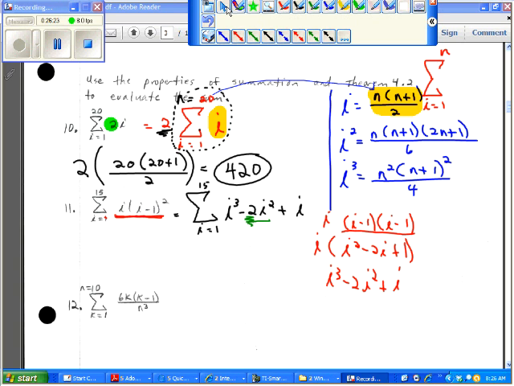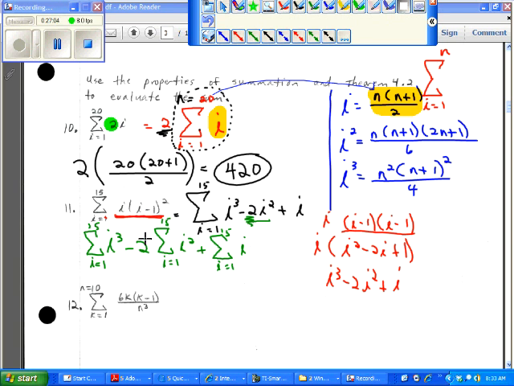Okay? So I'm going to have the summation as I runs from 1 to 15 of I cubed minus, I'm going to pull the 2 off, the summation as I runs from 1 to 15 of I squared plus the summation as I runs from 1 to 15 of I. Okay?